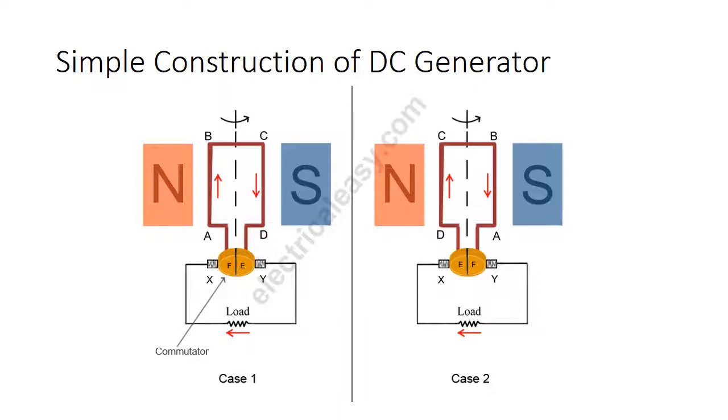So, this is a simple DC generator. It consists of a coil of insulated copper wire A, B, C, and D. The coil is placed between the two poles of a strong magnet.